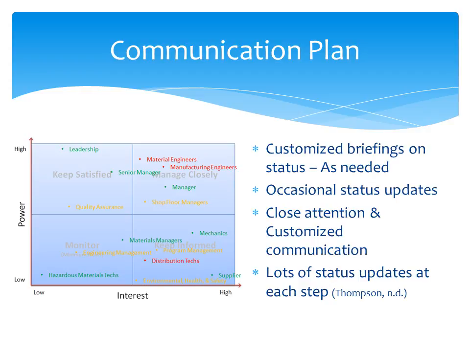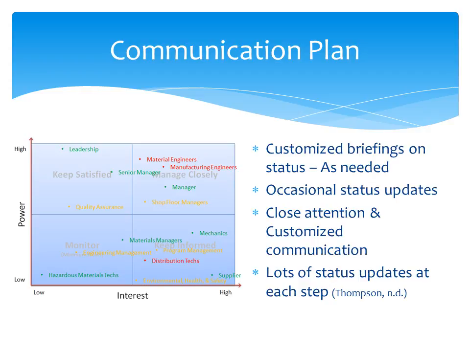The functions in the top left quadrant of the chart with high levels of power and relatively low levels of interest will receive customized briefings on status and on an as-needed basis. Functions in the lower left quadrant of the chart with both low levels of power over the project and low levels of interest in the project will only receive occasional status updates.